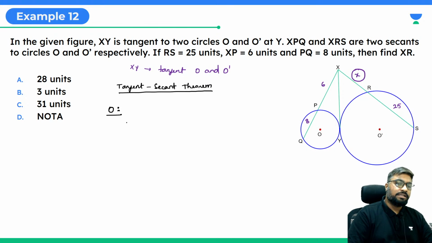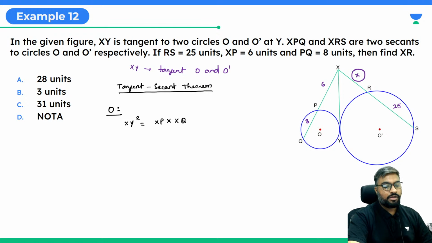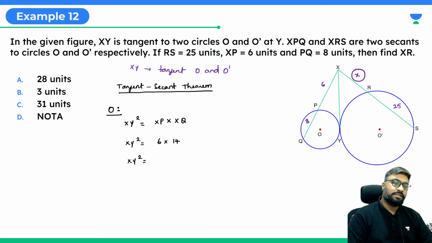Square of the tangent XY square is going to be equal to XP into XQ. Correct? Do you agree? So what is XY square? XP, that is 6, into XQ, that is 6 plus 8, 14. Yeah, so we get XY square is 84. Okay.